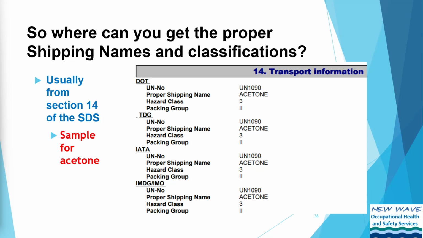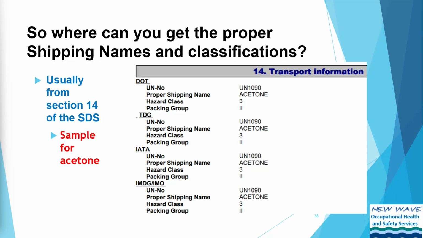Well, it's because the classifications, although very, very similar, are not exactly the same for all modes of transportation. So here, they list separately the rules for the U.S. Department of Transportation, DOT, which is the U.S. rules for road and rail. TDG, the Canadian Transportation of Dangerous Goods Regulations.